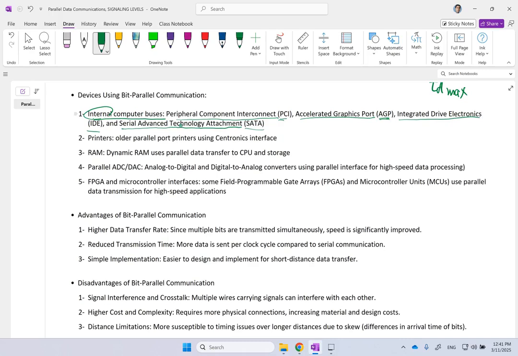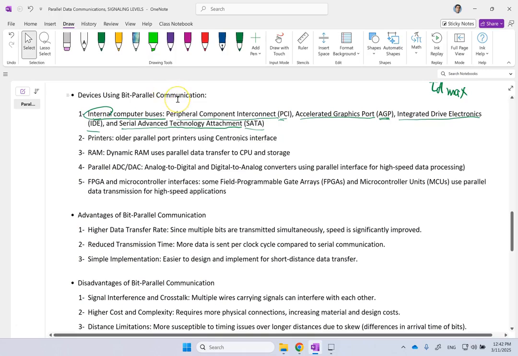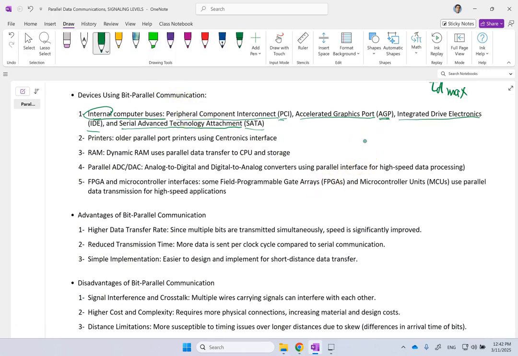So these are some common things that you have in computers for connecting with the peripherals and for graphic cards and so on. In older printers, you use this Centronics interface. In RAMs, especially dynamic RAM, random access memory, for basically data transfer to CPU and storage, they use parallel communications.